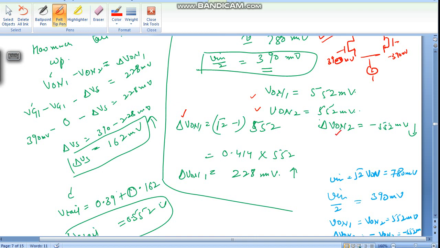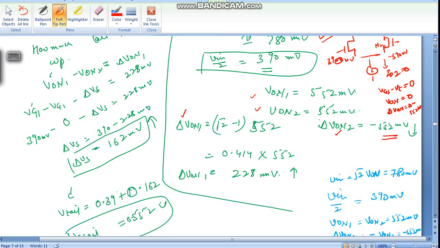Say this is M2. For making ID2 equal to 0, we want VGS minus VT to be equal to 0, which means Von should equal 0. So delta Von2 will be 0 minus the initial value of 552 millivolt, so this is minus 552 millivolt.